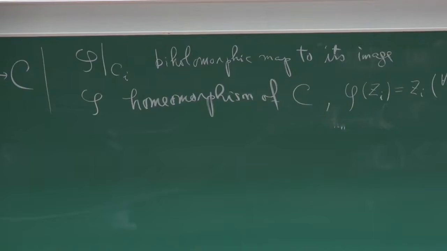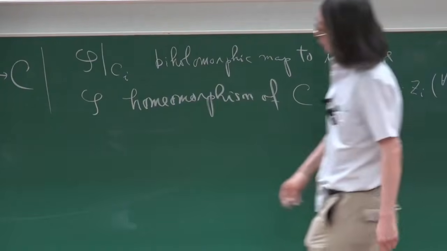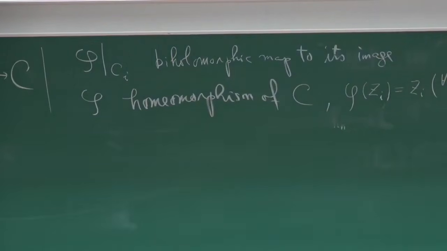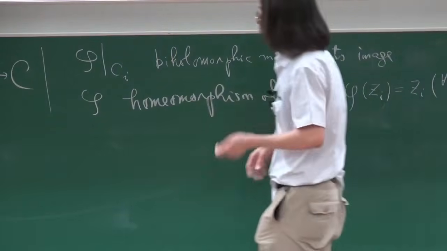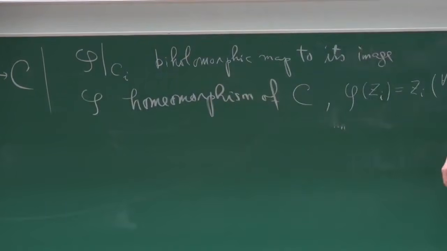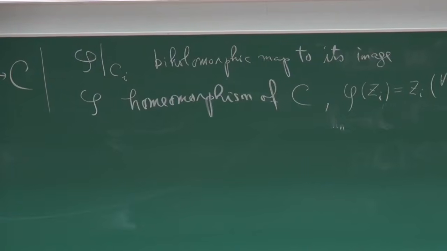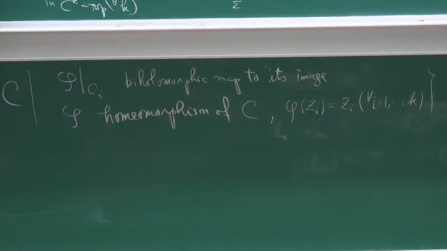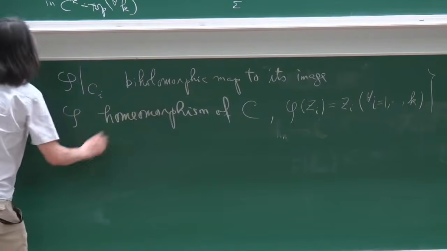So this is an automorphism. So C is a union of Riemann surfaces. So each component has a complex structure. And then we can talk about a biholomorphic map. So this one says that Ci need not be mapped to Ci. Maybe some components may be exchanged. But anyway, this one is a biholomorphic image. And this phi should be a homeomorphism.